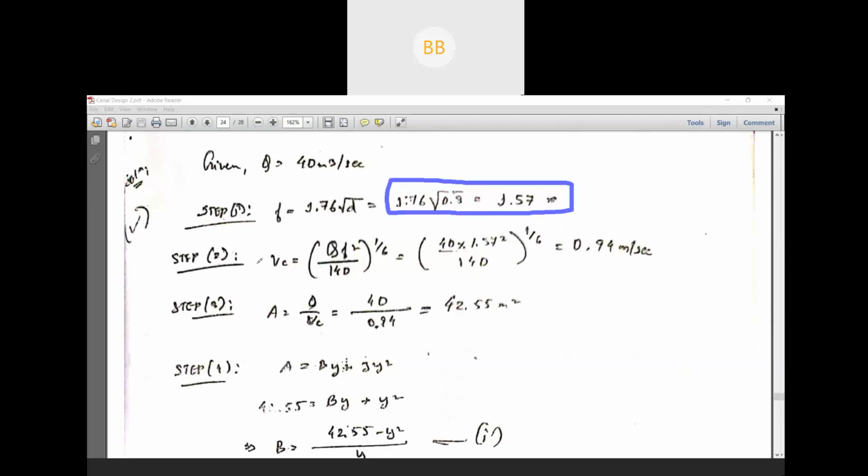Then you find out the velocity. Find out the velocity and see how much you got.